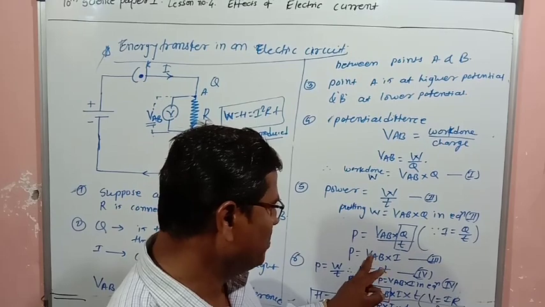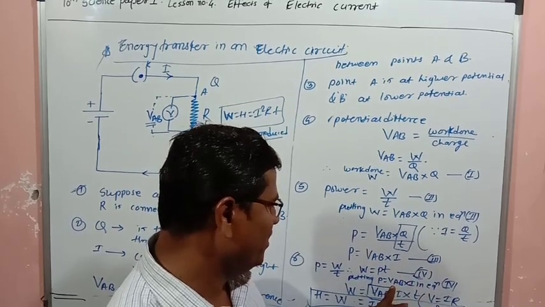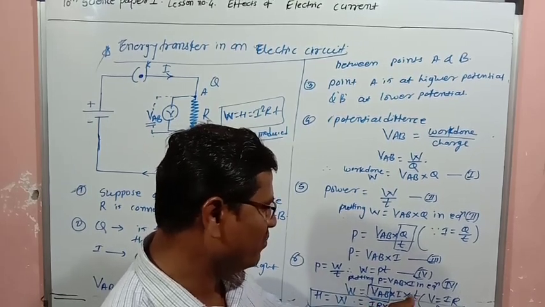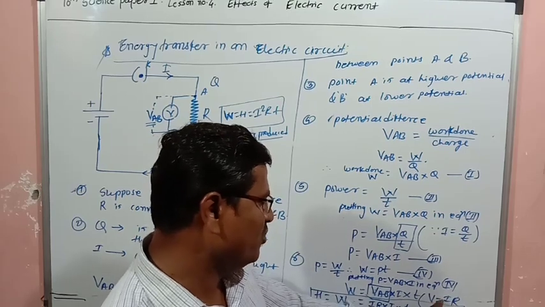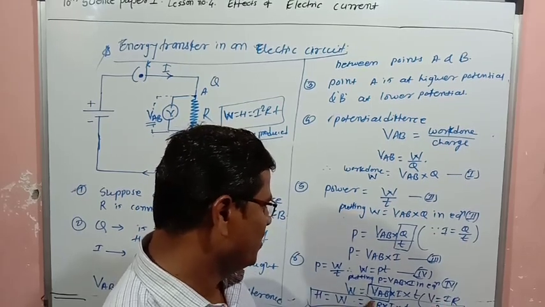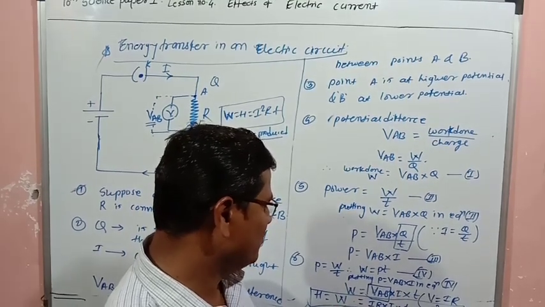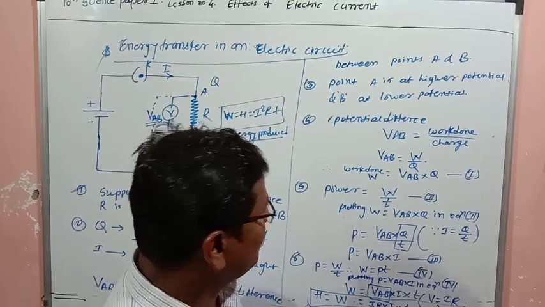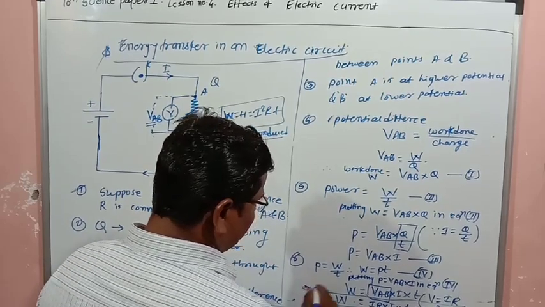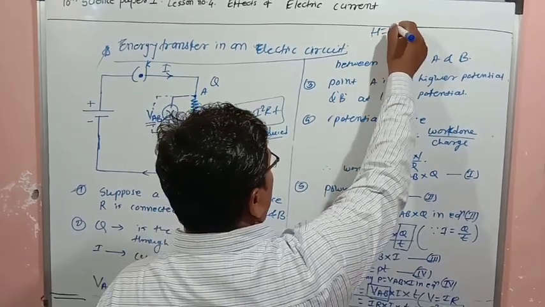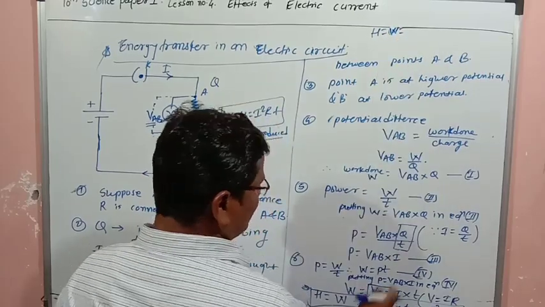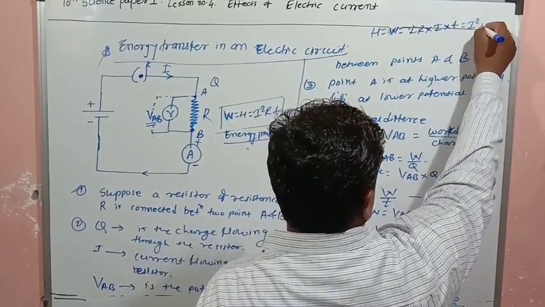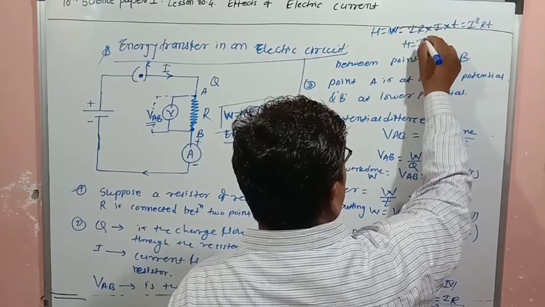Putting the value of P from equation 3 in equation 4, you will get W is equal to VAB I into T. But we know V is equal to IR, and if you put this value of V is equal to IR in this equation, then you will get H is equal to W is equal to IR into I into T, I square RT, so H is equal to I square RT.